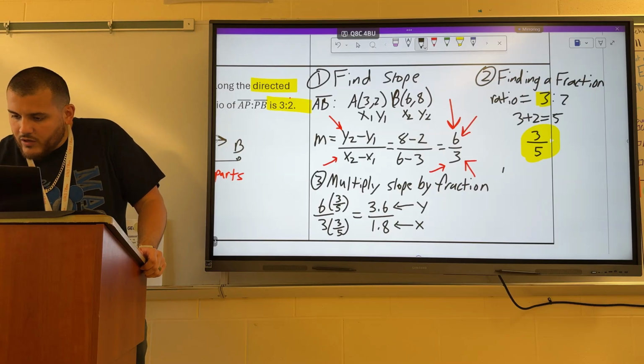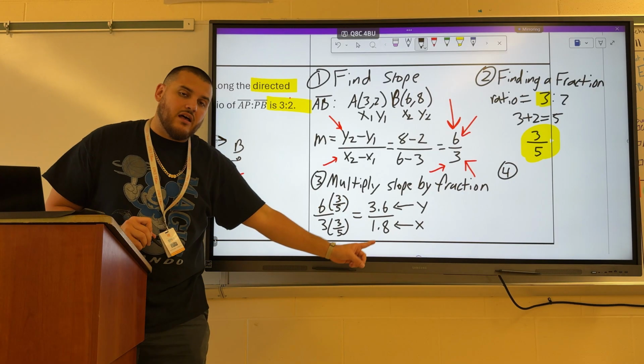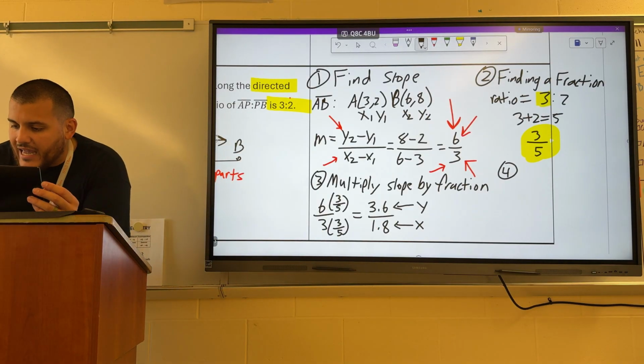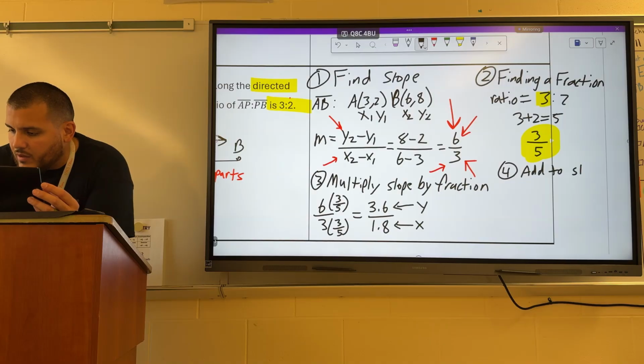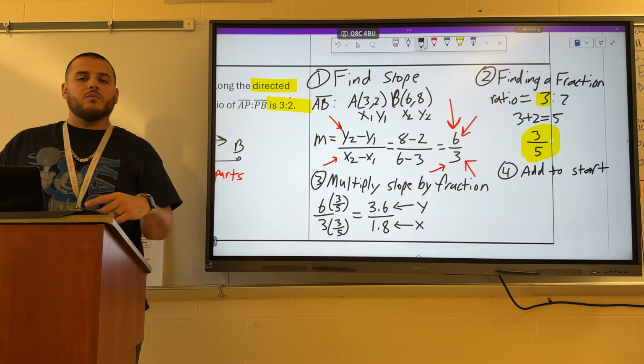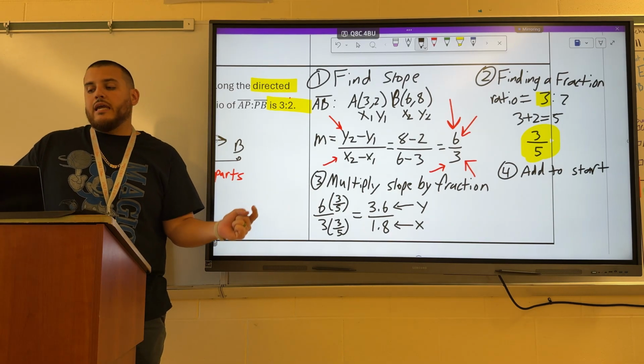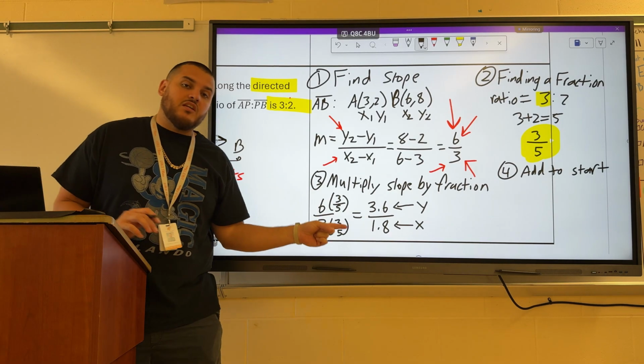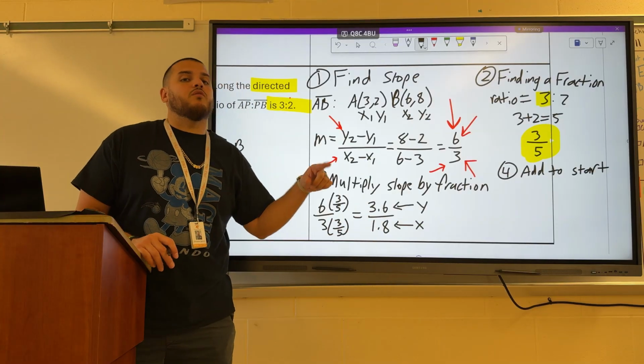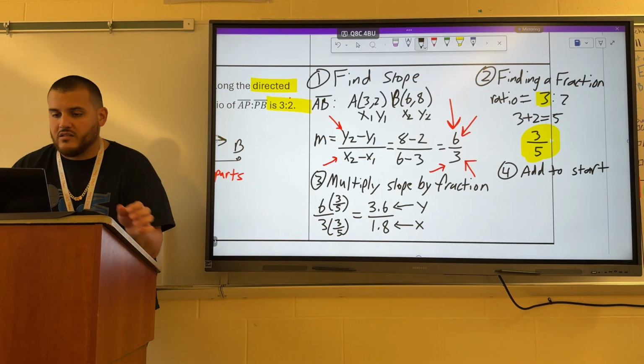And the last thing we're going to do now is take these values and add them to the starting point of our segment. Remember, we talked about directed line segments representing movement. If we started at A and ended at B, that means our partitioning point is going to be this far away from point A, from the start of our segment.